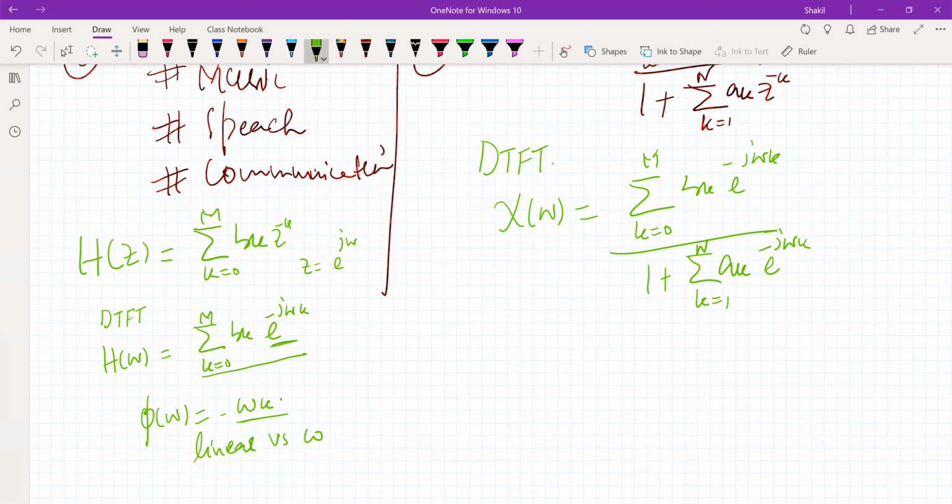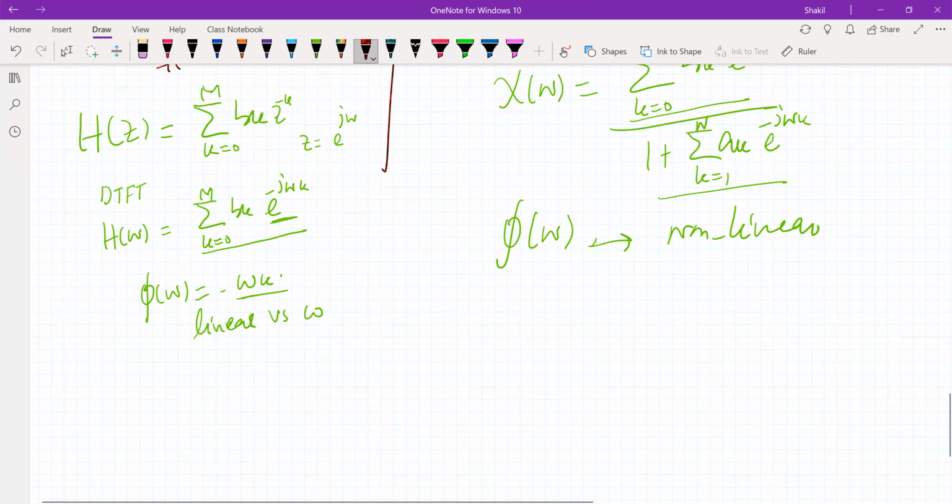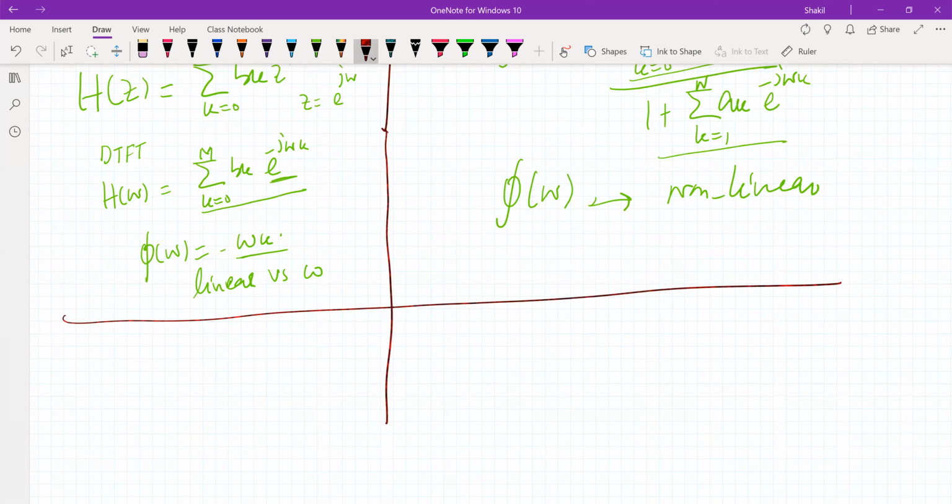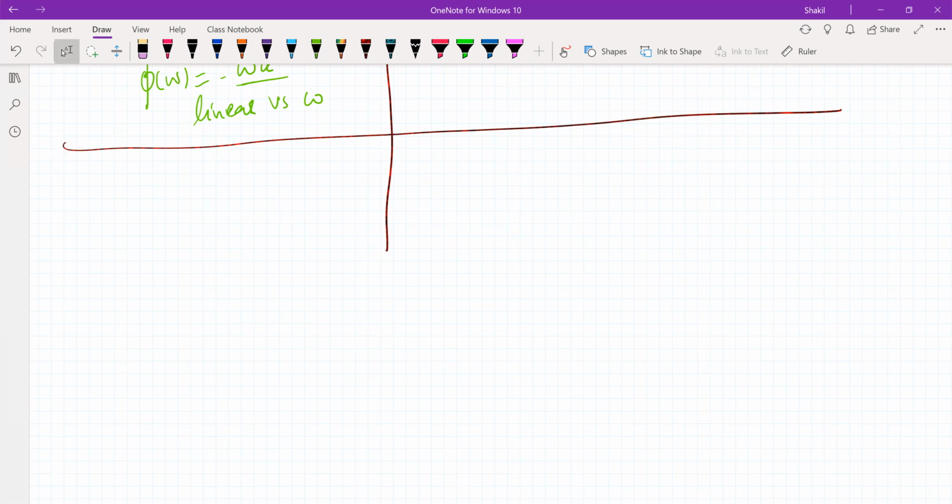You have to add the phase of the numerator and the phase of the denominator, and you can see phi of omega will be a non-linear function of omega. And what will happen if it is non-linear? This will simply introduce distortion in the input signal. When you pass a signal through an IIR system, the output signal will be distorted, right?